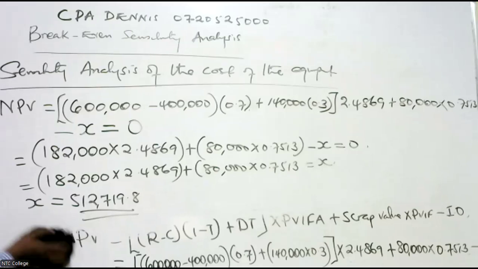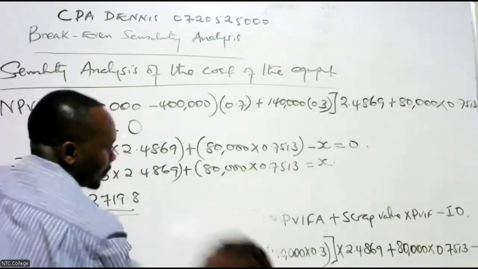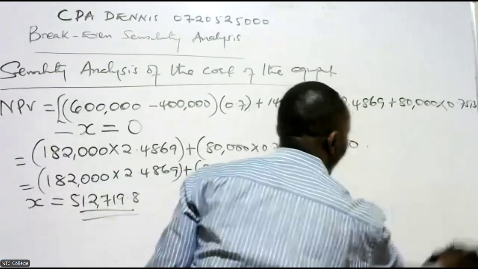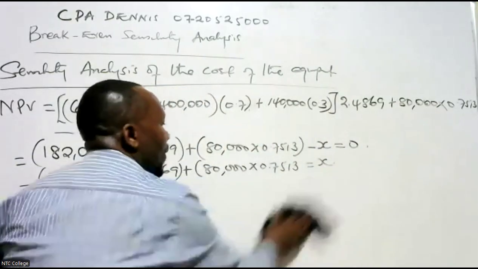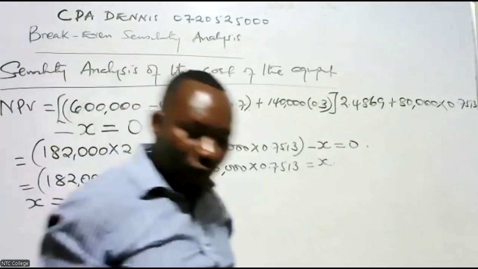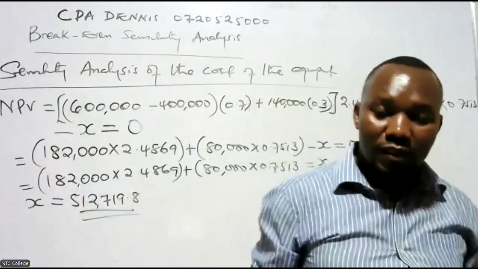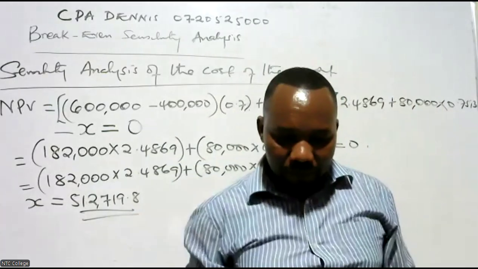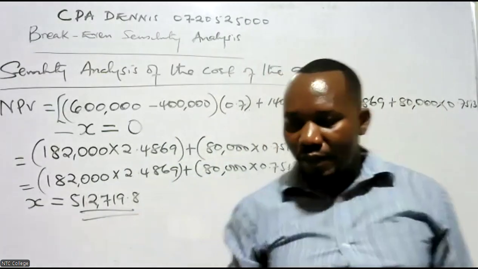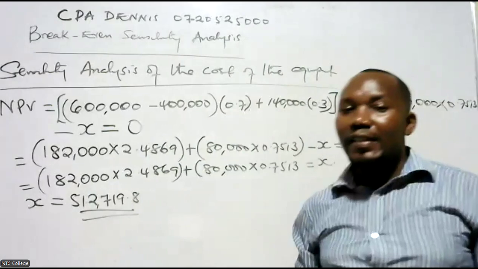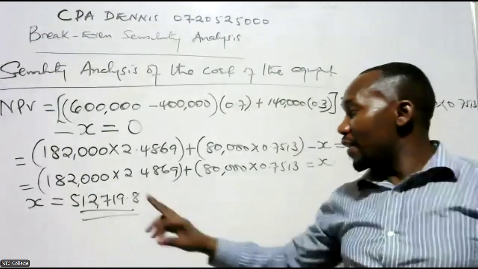That is the value of X. Can somebody confirm? Therefore, that is just the new cost of capital, cost of investment, the cost of machine, cost of equipment. So for us to have NPV that is 0, the cost of equipment should be this.